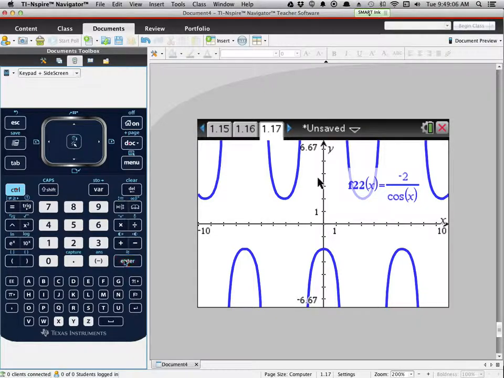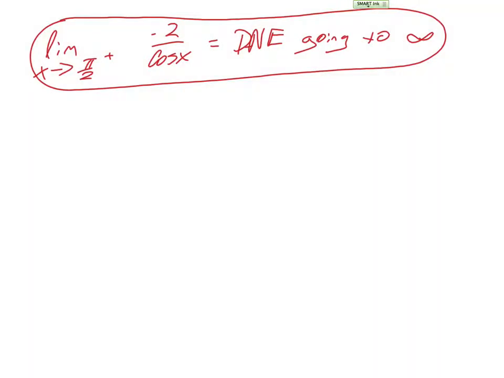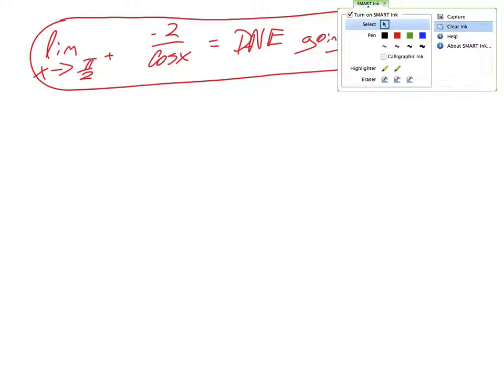Alright, let's look at another one. The limit as we approach 0 of x plus 2 over cotangent. Number one rule is plug in. So I need cotangent of 0, and cotangent is made up of cosine over sine.